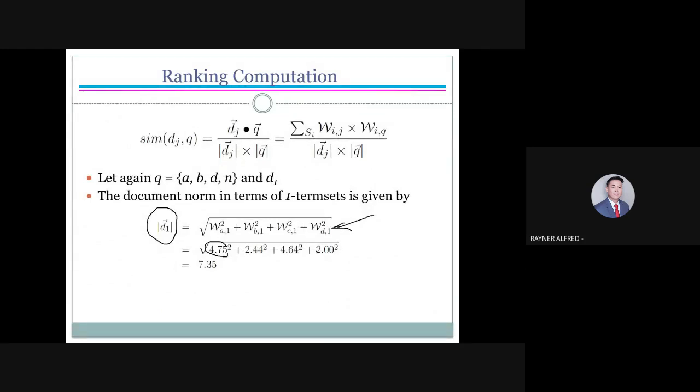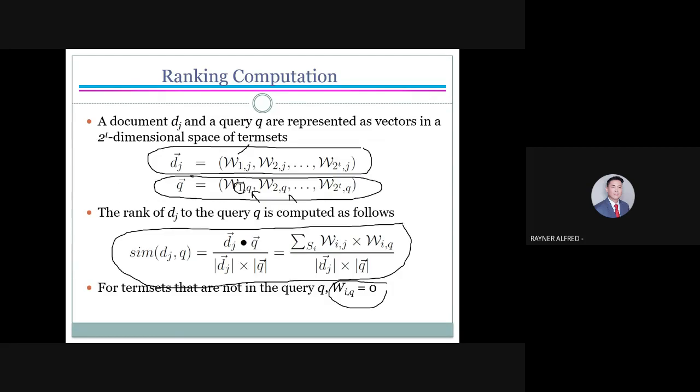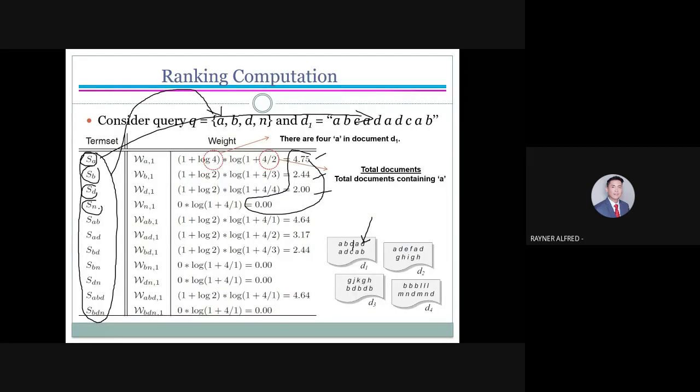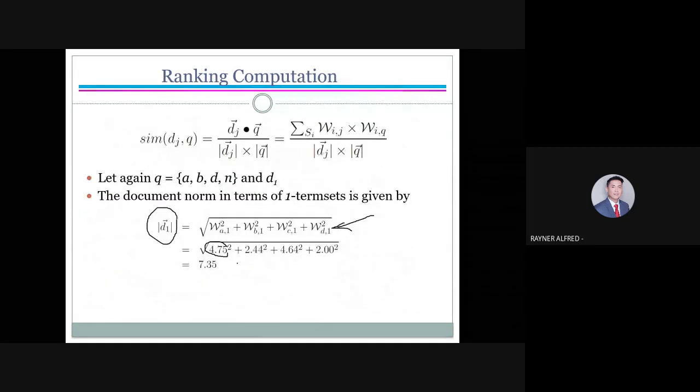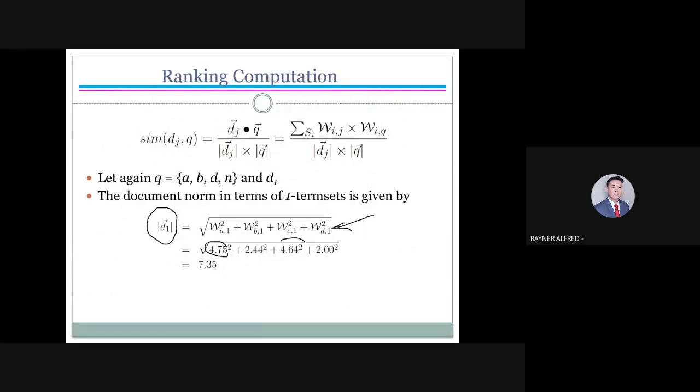But in this example, no, we are not taking that. We're not taking this. We are taking this one, because this is the document, not the query. This is the document. So basically, we're taking A, B, C. We need to compute what is C again. Okay. So the C is this one here.